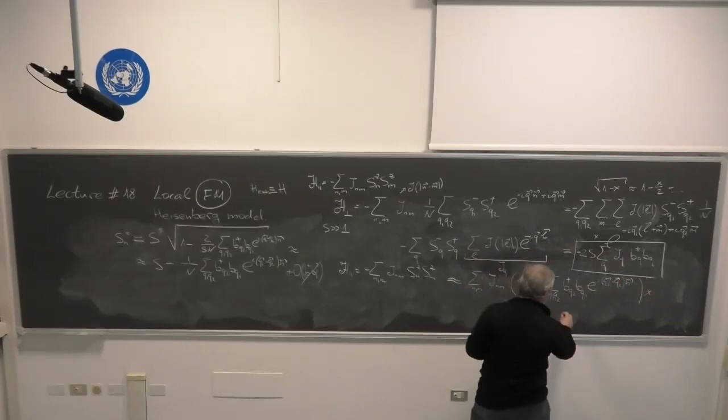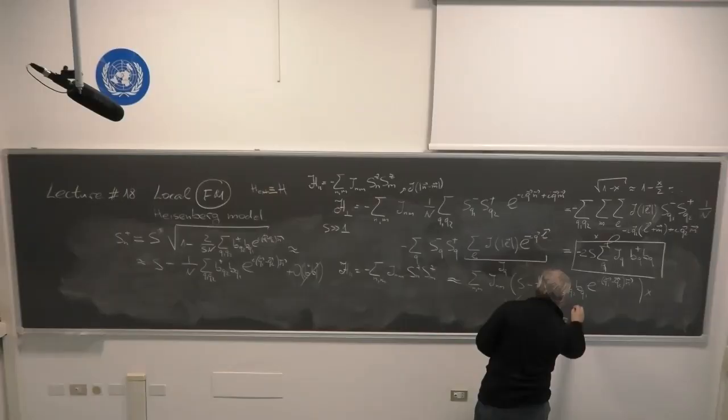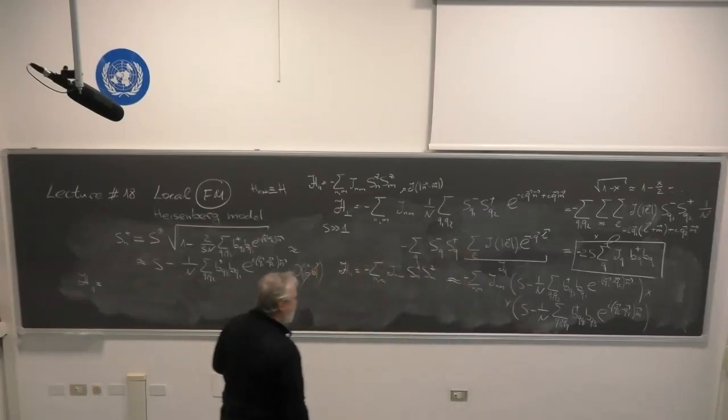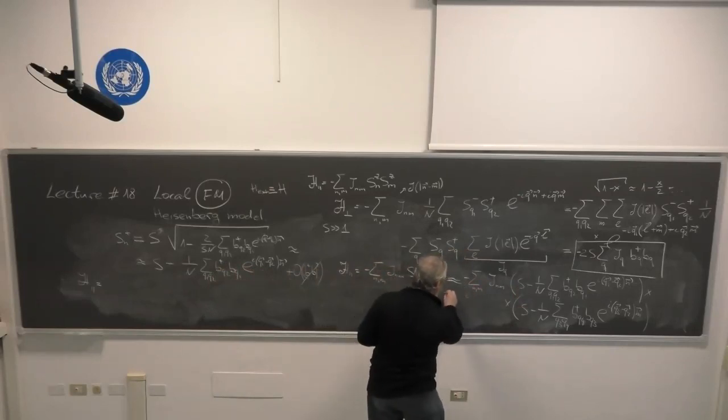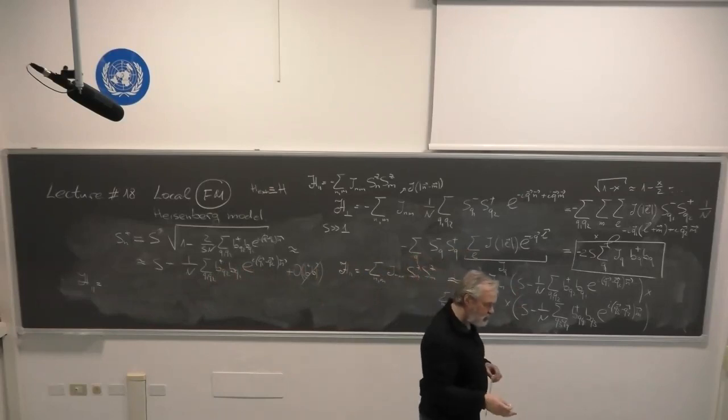Here I will take indices of summation q3 and q4, b dagger q4 b q3, e to the power i(q3 minus q4) n. Let me open the brackets. So H parallel is equal to, first of all, a term S squared. This sum is a sum over L, where L defines the nearest neighbors.